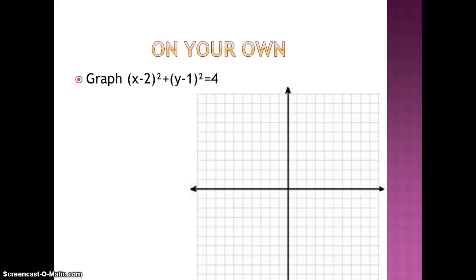For this graph, we would get the center to be (2, 1), and the radius would be the square root of 4, which is 2. So our circle would look like this. And notice that our radius is 2.